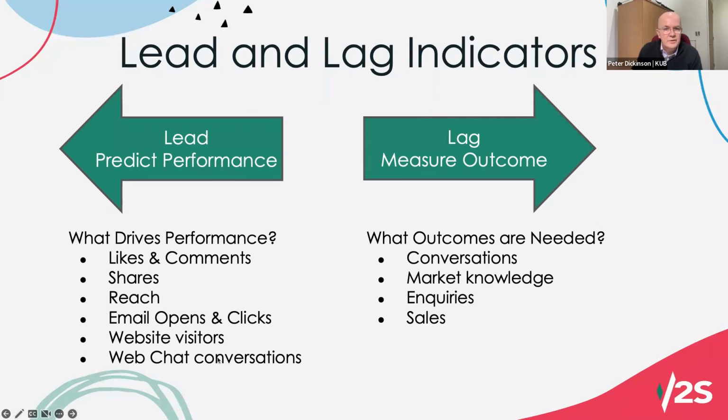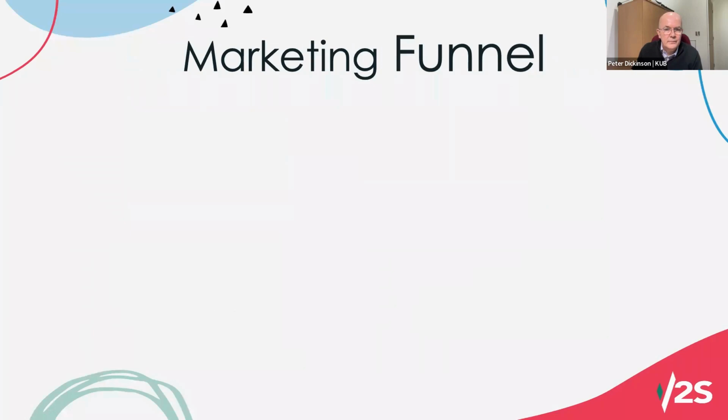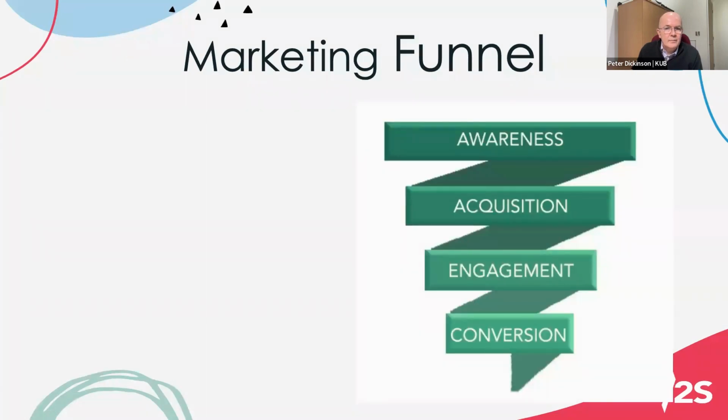If you don't have enough visitors, you won't have enough web chat. So you can see that the lead indicators predict performance, and then you need lag indicators to measure it. If you just measure the lag indicators with none of this, then you'll never be able to improve them. Okay, so we come back to our marketing funnel.